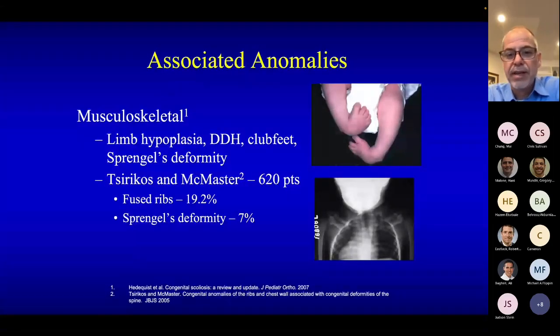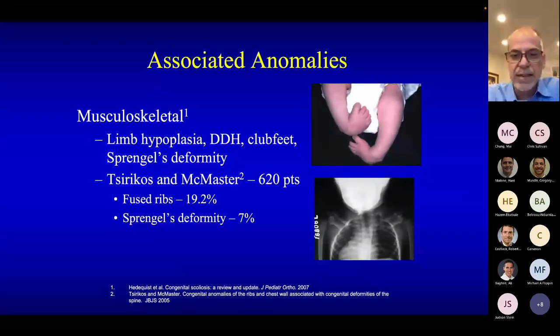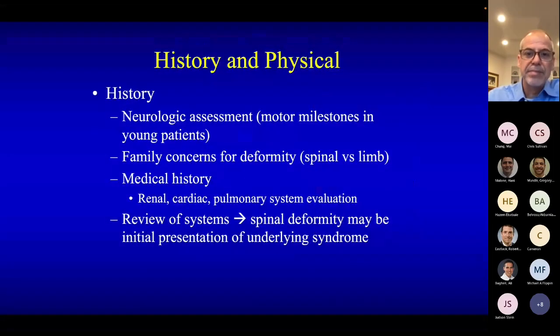So if a patient comes to you and you're evaluating them for their spine and you miss another musculoskeletal anomaly, it's unlikely that there's going to be another physician seeing this patient who's going to pick this up better than you. So remember to examine the entire body, look at all four limbs. It's really on us to find these, maybe not necessarily to treat them, but to find them.